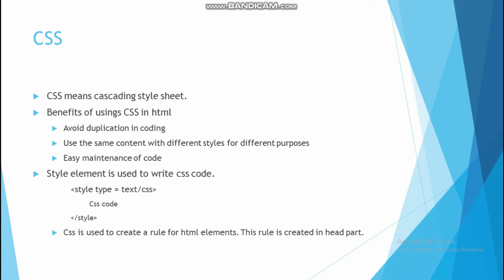Remember, whatever CSS rule we have to write, that is style tag and slash style tag, that we have to write inside head part of HTML program. We can also create a separate file here for CSS, and then whatever rule we have created, that we can apply in HTML code.